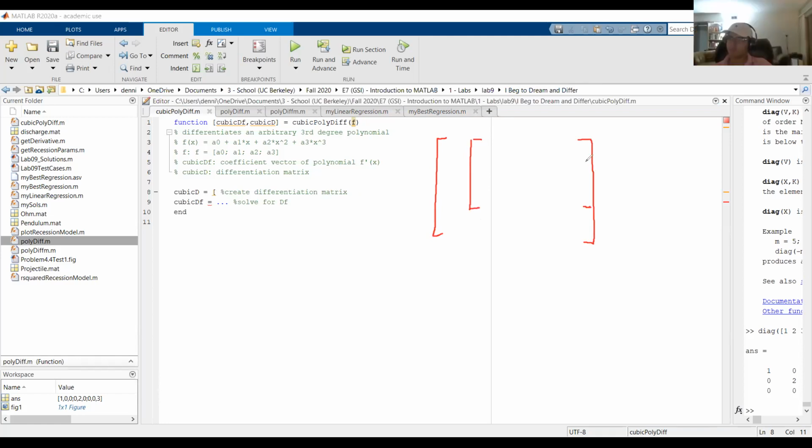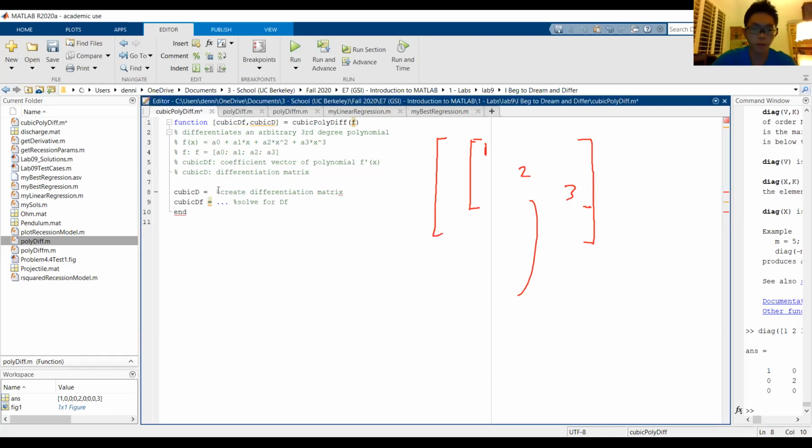So here we want this to be 1, 2, 3, and then the rest of these are going to be zeros. How do we create this inside part? I guess we're going to want to have first the vector 1, 2, 3. And then to create the diagonal, we're going to want diagonal of 1, 2, 3.